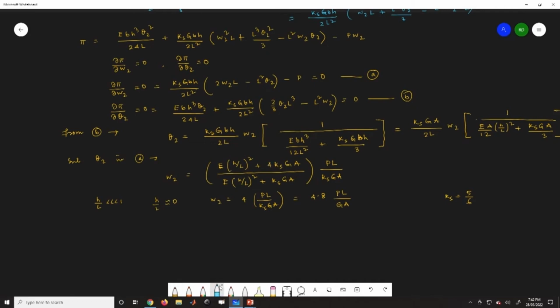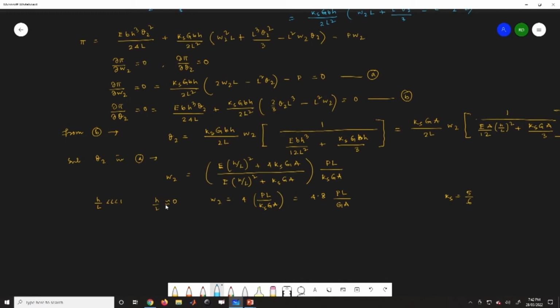So when the thickness becomes very small, or it is a thin beam, or specifically the H by L ratio is very low, this represents only shear deformation, with no bending contribution, which is incorrect.